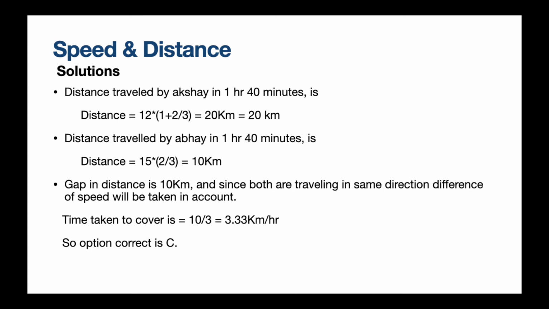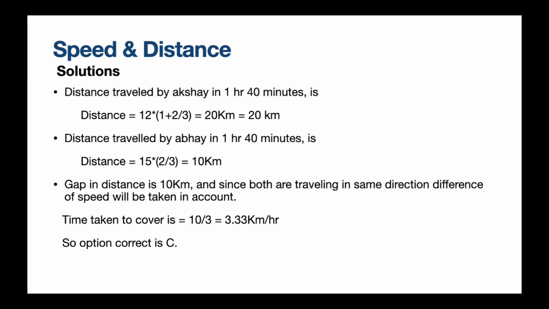Now, the distance traveled by Abhay, who is traveling at a speed of 15 km per hour, in the duration of 1 hour 40 minutes is 15 into 2 by 3, because 1 hour he has taken to repair his bike. During that time he has traveled 10 kilometers total.